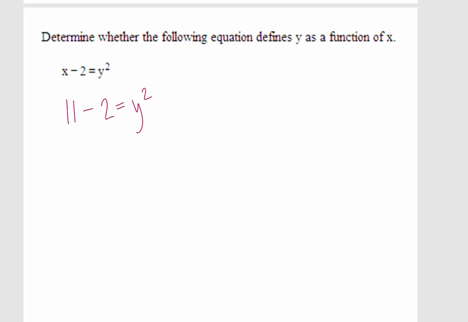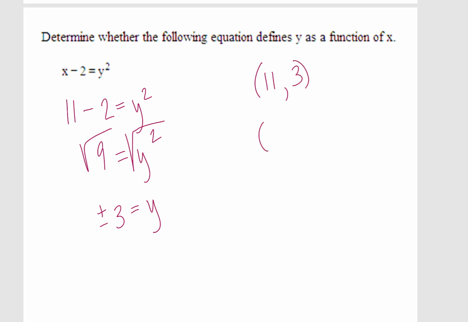So 11 minus 2 is 9. 9 equals y squared. We're going to do the square root of y squared so that it's just y. And then we'll do the square root of 9. The square root of 9 is positive or -3 because positive 3 squared is 9, but -3 squared is also 9. So that means when x is 11, y can be positive 3 or y can be -3.